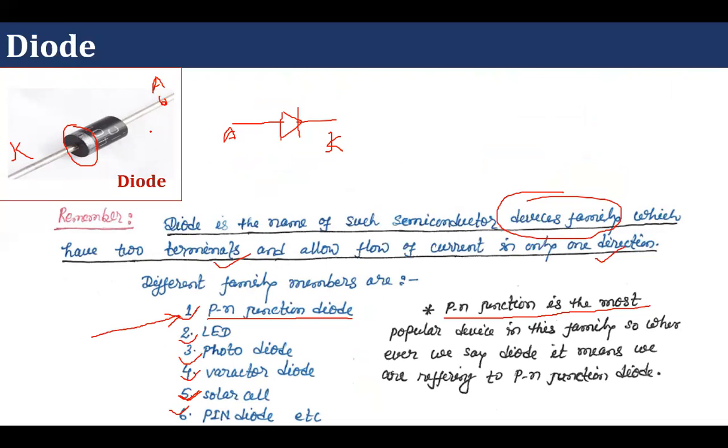Even we have different varieties of diode. If it is a power diode, its structure, its shape will be different. So at this point of time you have to remember the symbol is just representing the behavior of the semiconductor device. It doesn't reflect the actual shape or actual device configuration.